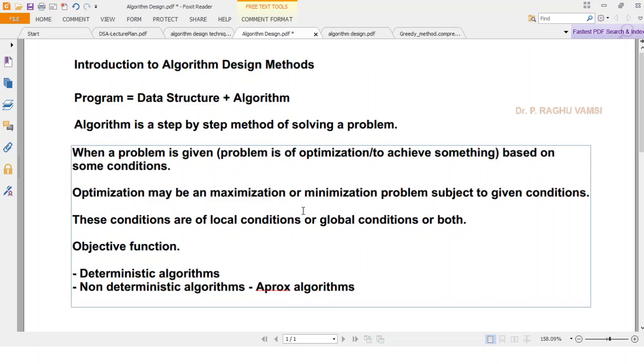What are these approximation algorithms? In deterministic algorithms, you will achieve an exact solution. In the case of non-deterministic algorithms, you cannot achieve an exact solution, but you can achieve a near optimal solution.